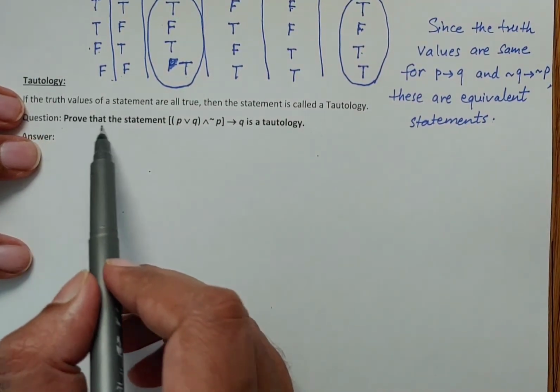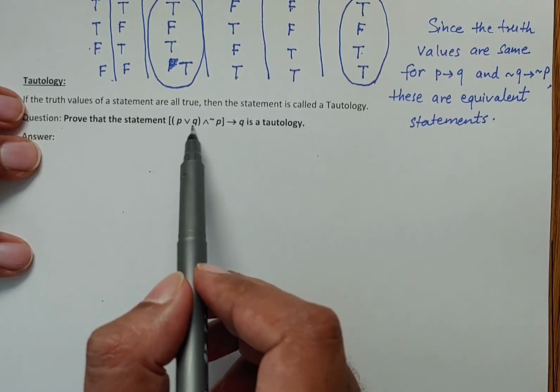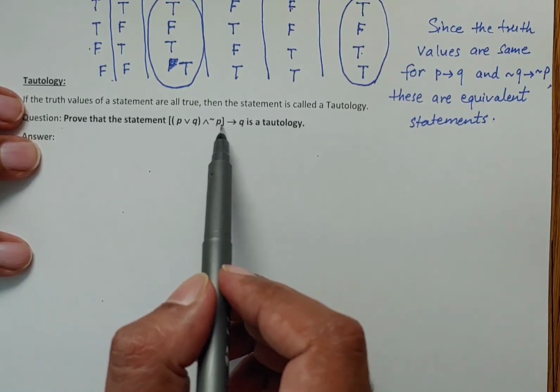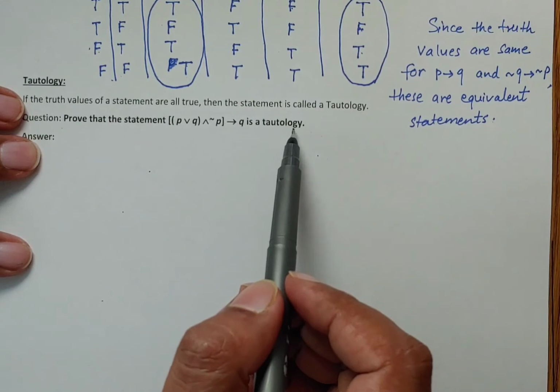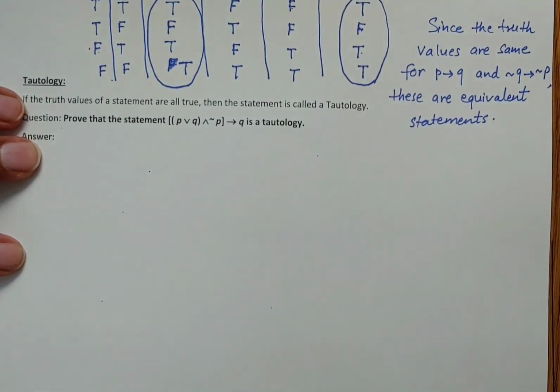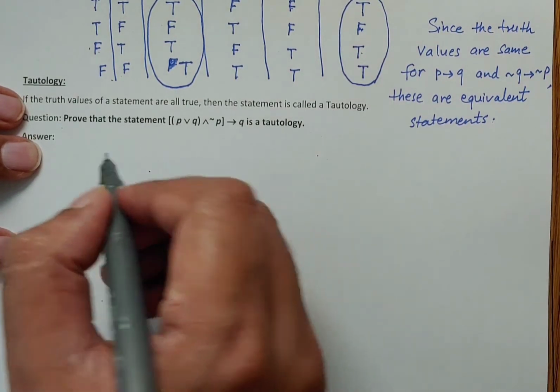The question is, prove that the statement P or Q and negation of P imply Q is a tautology. Okay, so we did this statement before, but let me do it again.